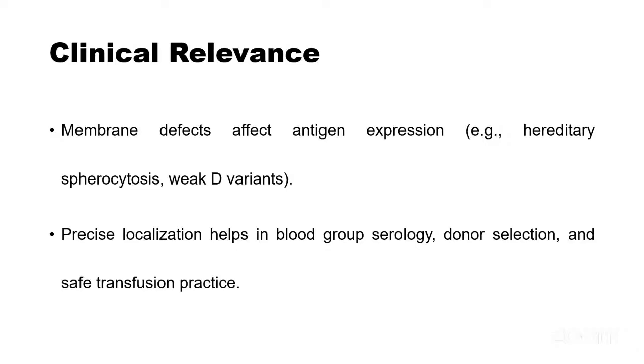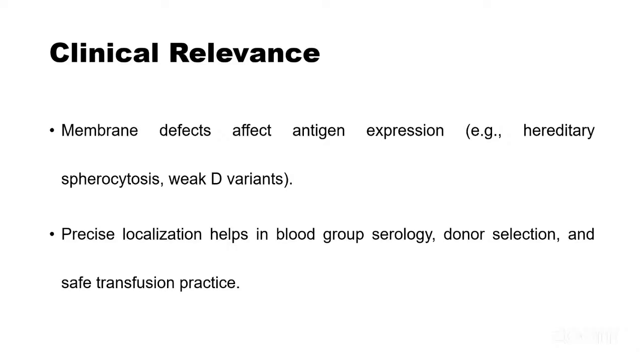The clinical relevance, rather. Membrane defects affect antigen expression. For instance, like I told you on the other slide, the two proteins are talking about hereditary spherocytosis and weak D variant.